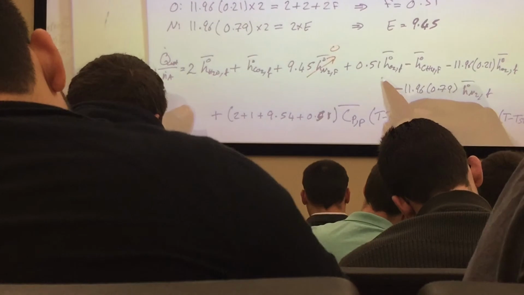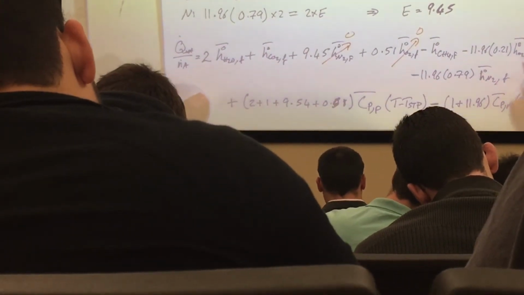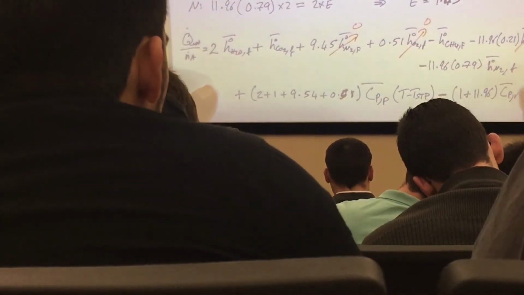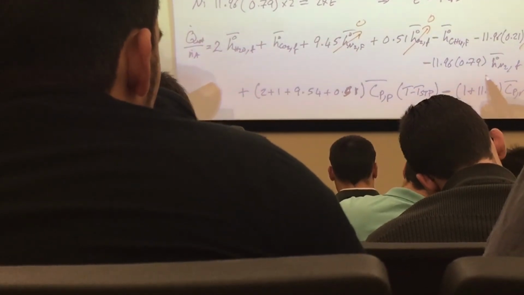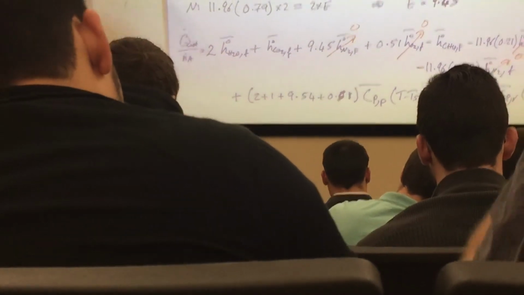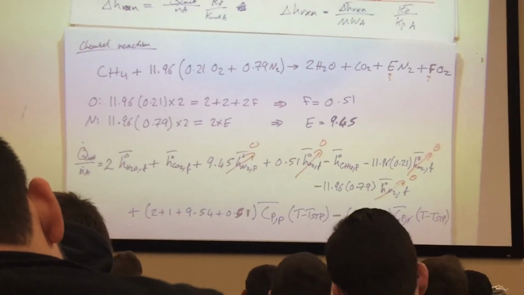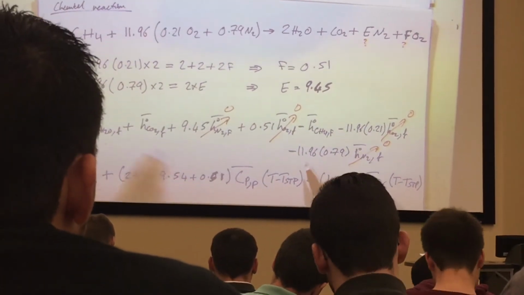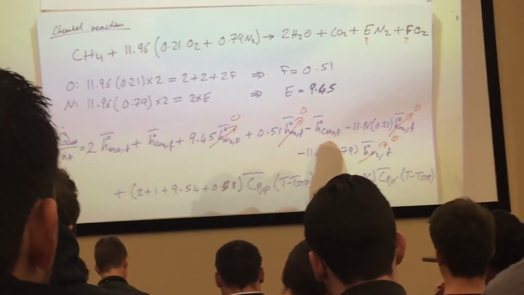Oxygen, cancel out. Oxygen here again. Nitrogen, zero. There is no heat of formation. What we have to worry about is the other heats of formation. So now I could get the heat of formation of water, CO2, and methane.